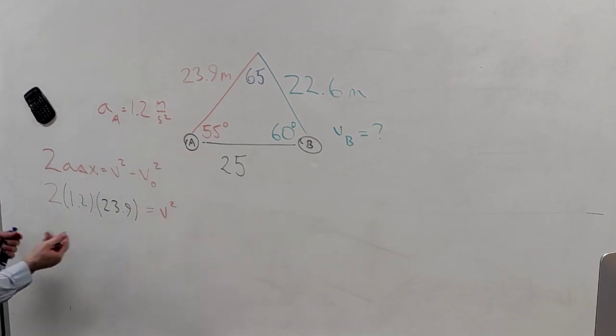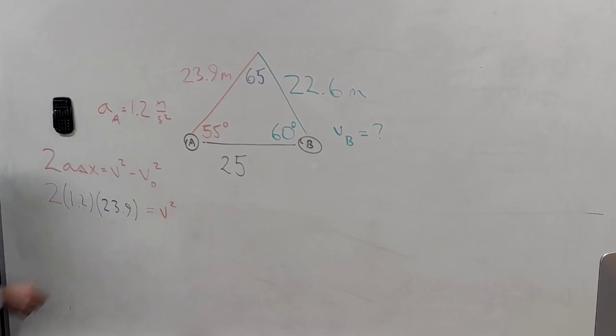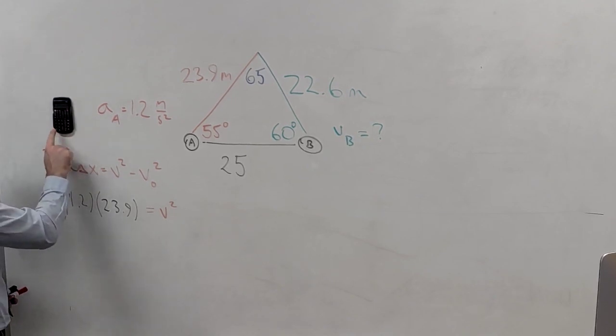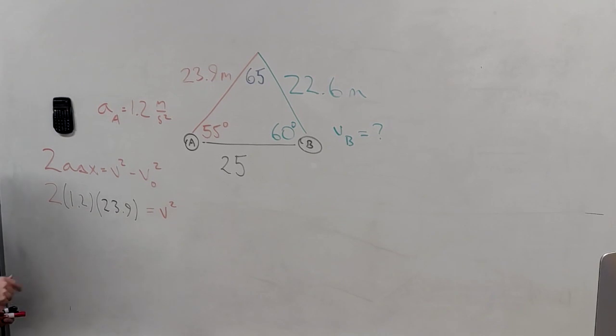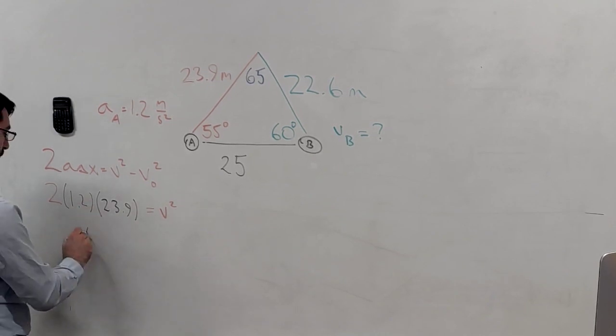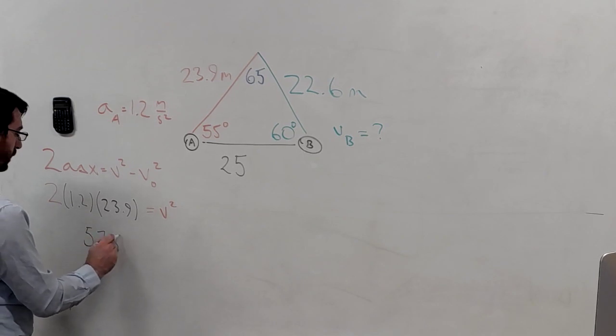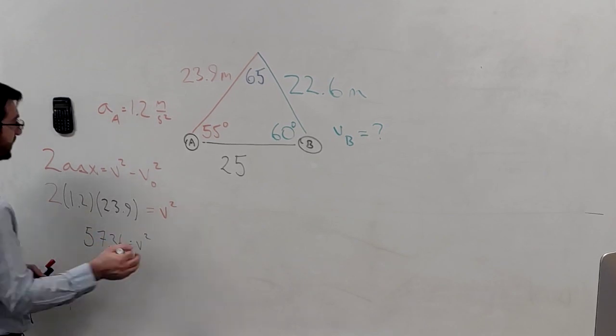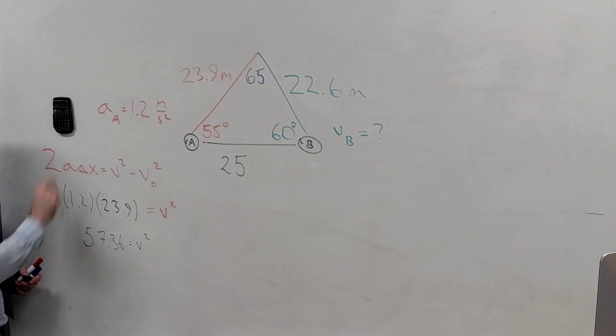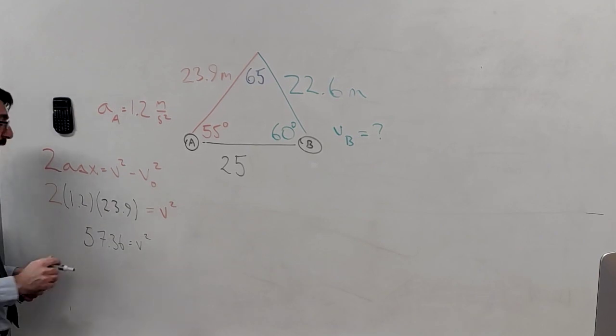So right there, I've got a pretty quick path to finding the velocity. 2 times 1.2 times 23.9, that's 57.36. And if that's the square of the velocity, I take the square root, and that is 7.57.